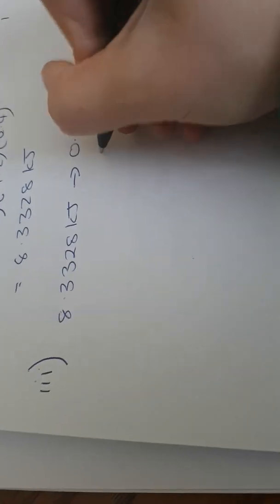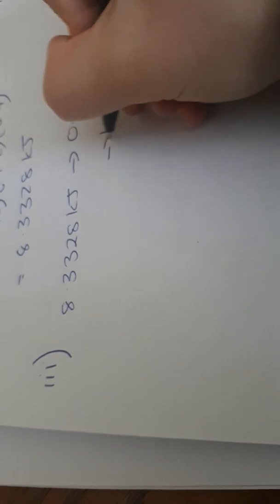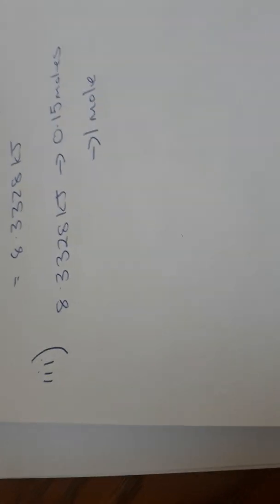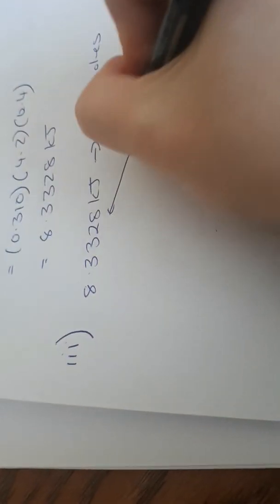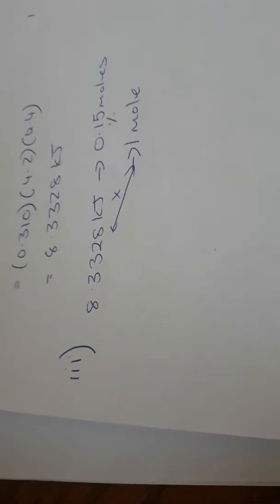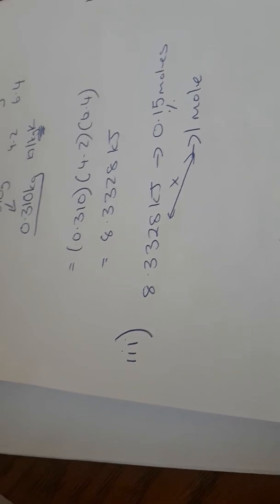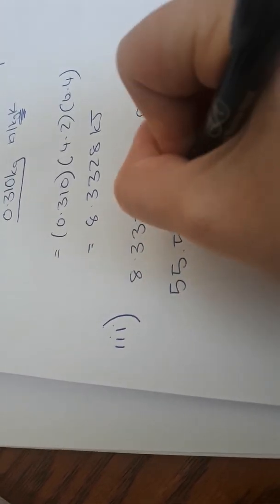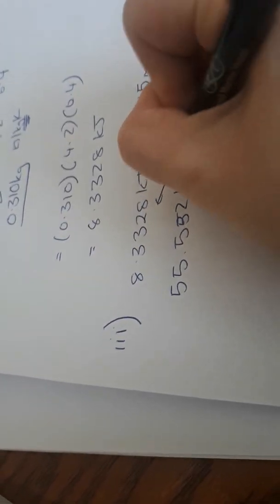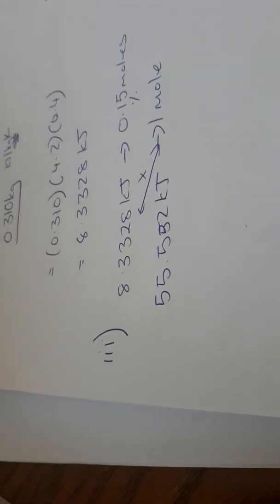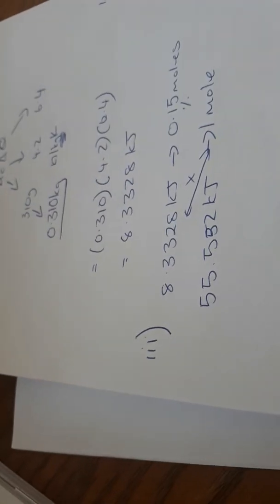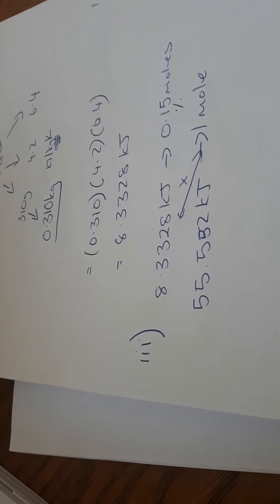I have to find how much is in 1 mole. So I multiply by what I know, divide by the bit left over, 8.3328 divided by 0.15, and that gives me 55.552 kilojoules per mole.